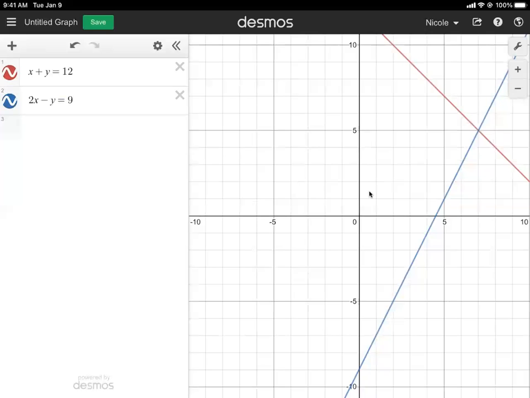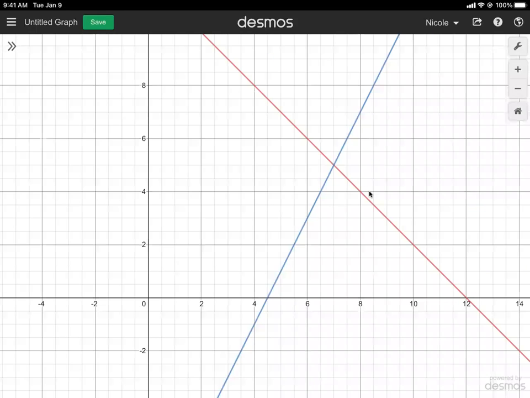So there's our graph. And if I move this over here, it's going to sound like a weird question. Isabella, where's my intersection point? 7, 5. And if I didn't know that, just looking at my lines, what am I looking for?